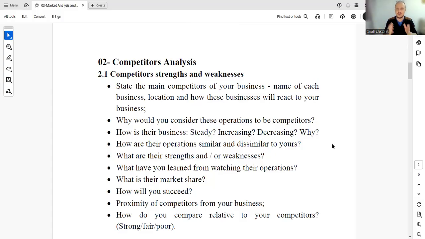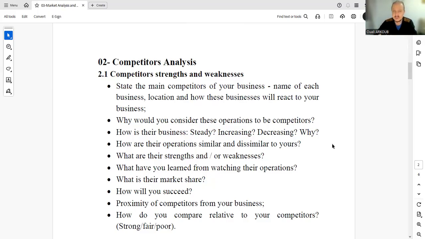Why would you consider these operations to be competitors? This is an important question. How is their business: steady, increasing, decreasing, and why?